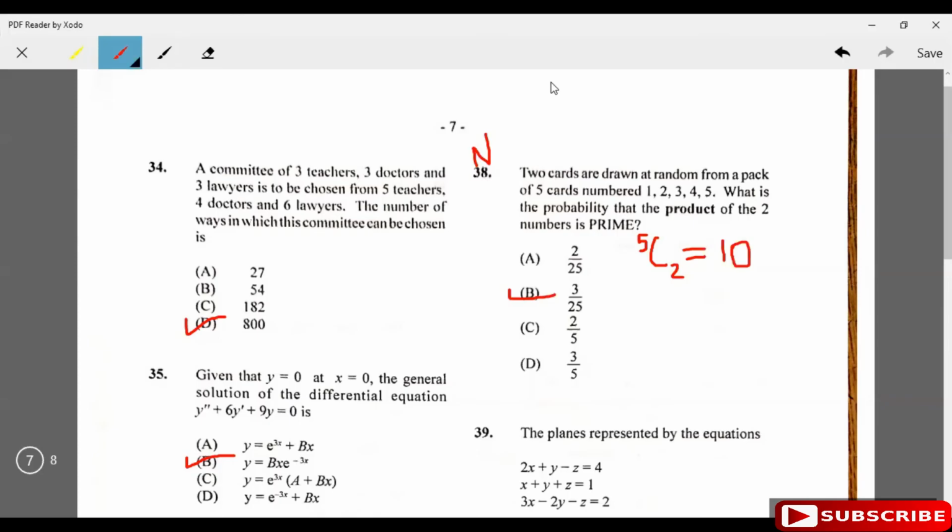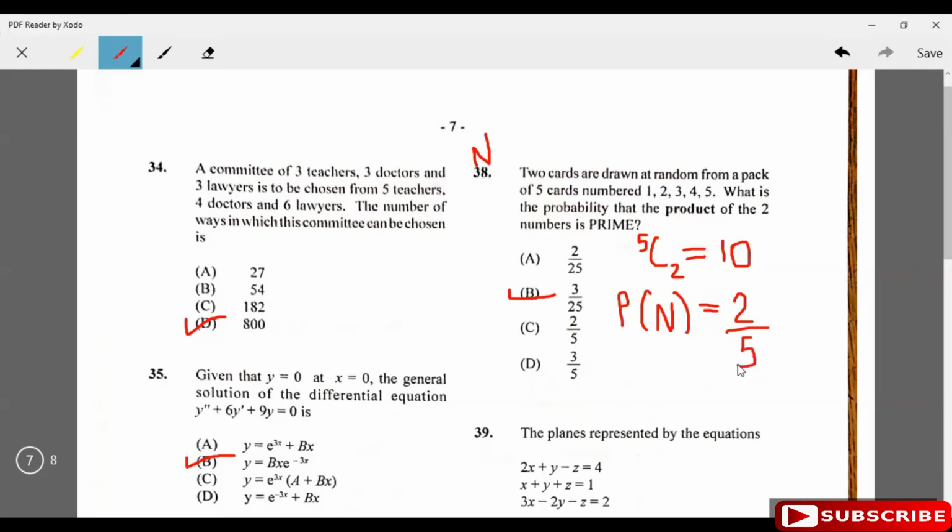I'm thinking of an alternate method. Probability of one number being prime right here. I'm calling a prime number n. How many prime numbers are right here? This looks like 1, 2, 3, 4, 5 numbers. So the probability of getting a prime number is 2 over 5.